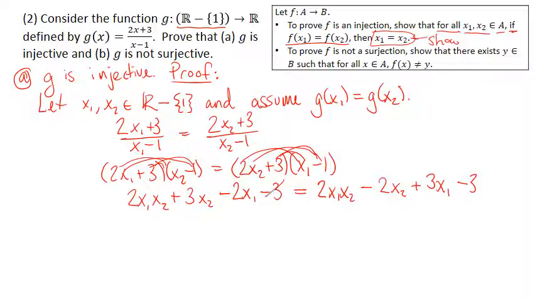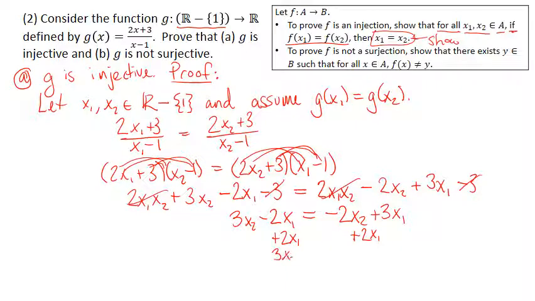Once you've got that all foiled out, you can cancel things that are on both sides, like the -3 and the 2x1x2. What are we left with? 3x2 minus 2x1 equals -2x2 plus 3x1. Now I'll add 2x1 to both sides, so 3x2 equals -2x2 plus 5x1.